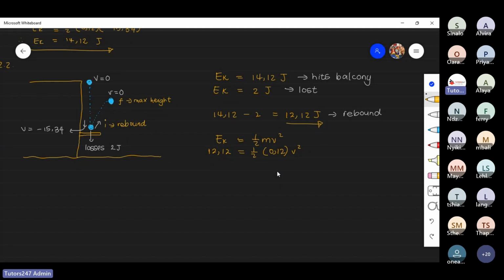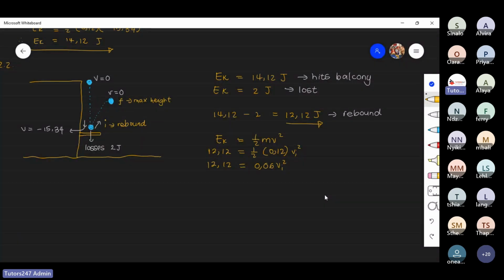So on our right side, we can multiply a half times 0.12, and we will end up with 0.06. So we have 12.12 equals 0.06 V squared. Because I know that this is my initial velocity, I'm going to put a little subscript i, so we remember.